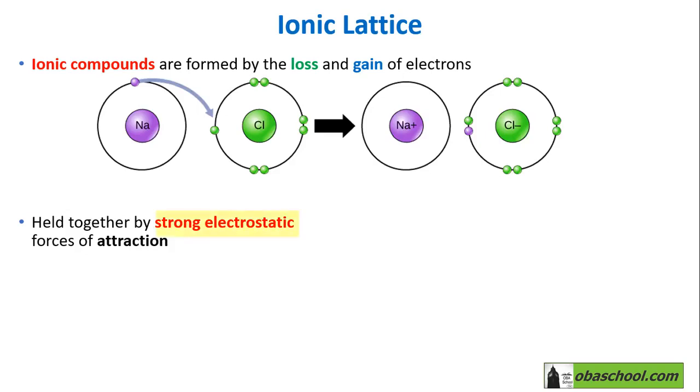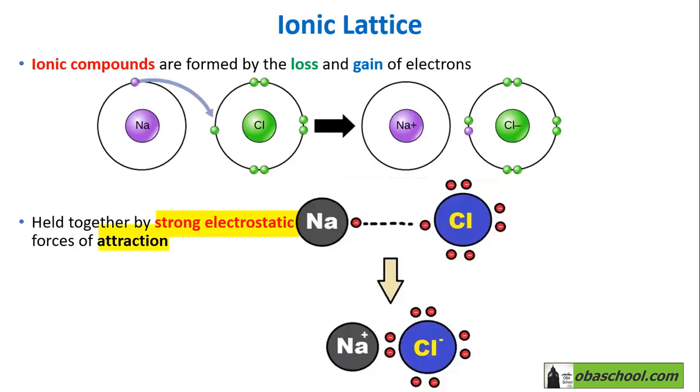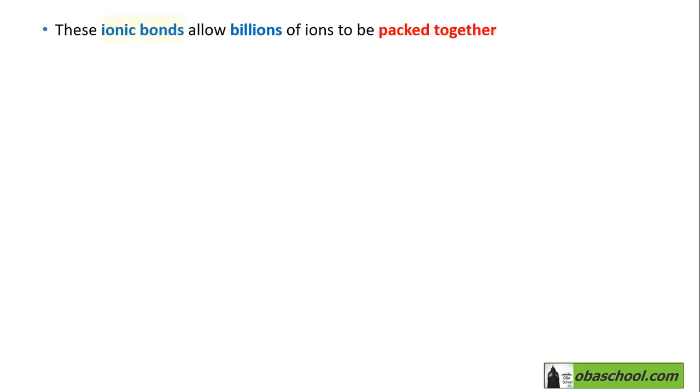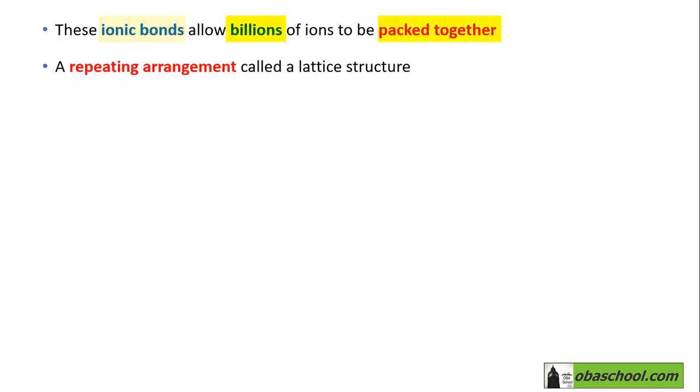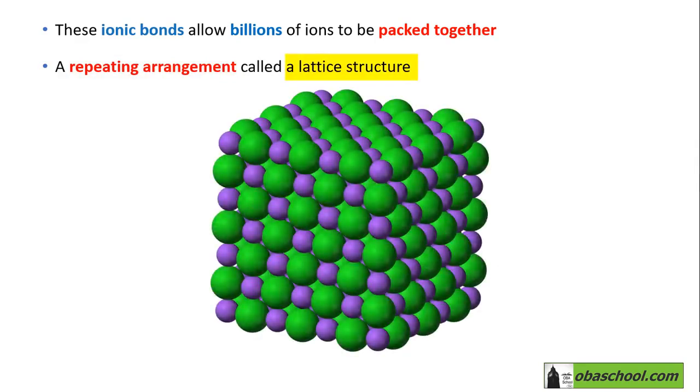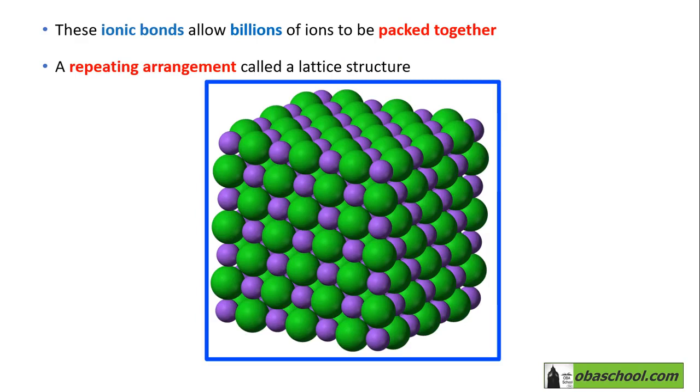Ions are held together by strong electrostatic forces of attraction between oppositely charged ions. These strong ionic bonds allow billions of ions to be packed together in a regular repeating arrangement. This repeating arrangement is called a lattice structure, and you can see here the lattice structure in sodium chloride.